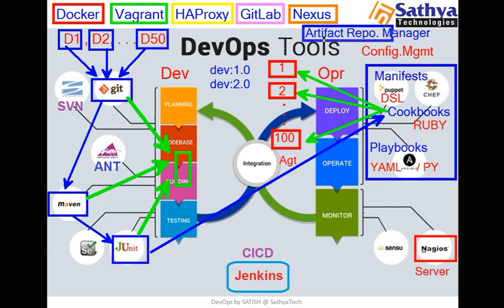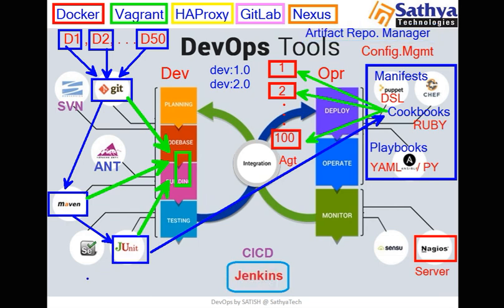Artifact is a project, so all these project versions I can maintain in Nexus. So we have some additional tools: Docker for containerization, Vagrant to create virtual machines, HAProxy, a high availability proxy load balancer, GitLab, a private repository where we can set up our own repository, and Nexus, an artifact repository manager which can store our artifacts.